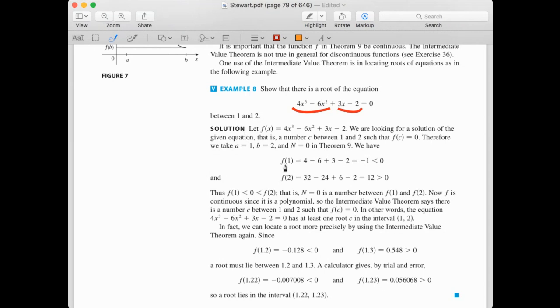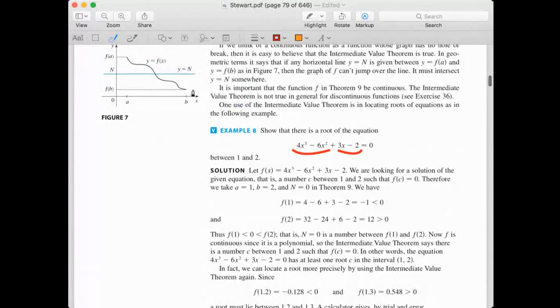At the point 1, f of 1, when we evaluate this, we get -1, right? -1 is under the x-axis, so the function is under the x-axis. And evaluate f of 2. f of 2 equals 12, which is positive, above the x-axis.